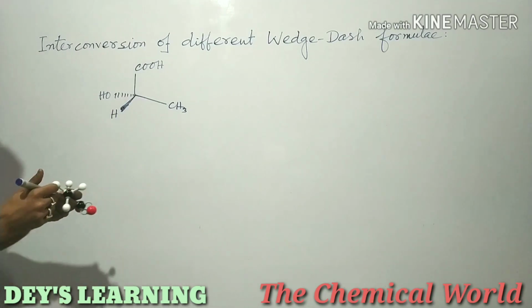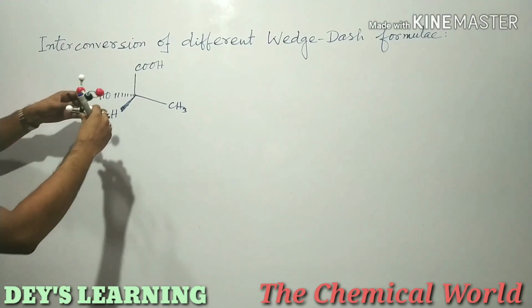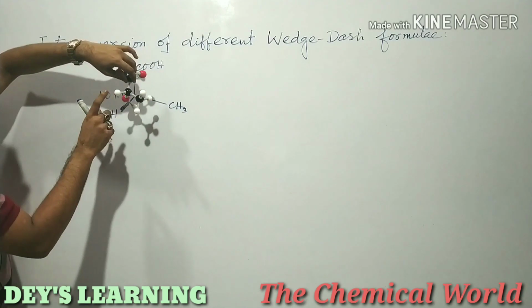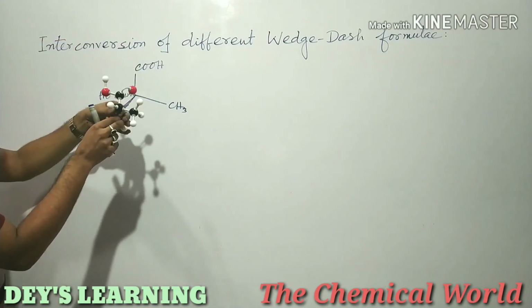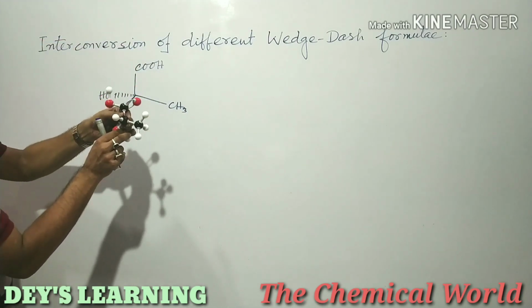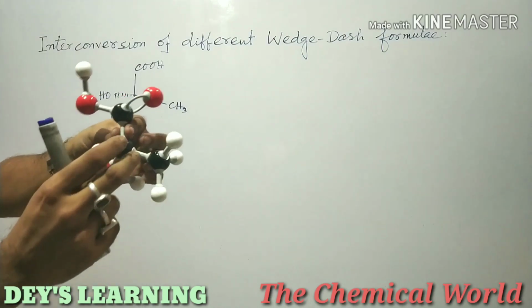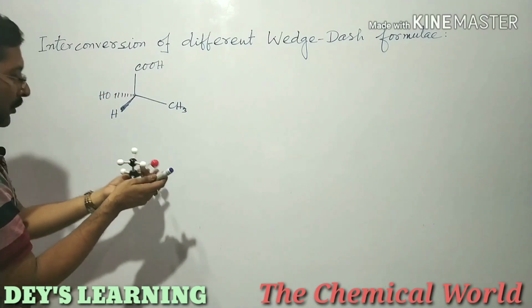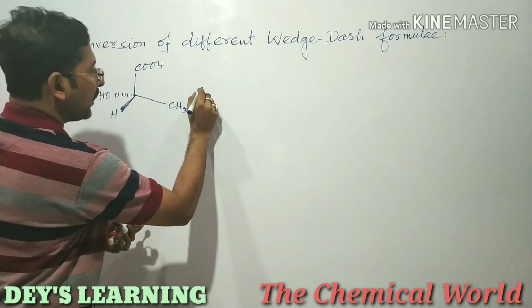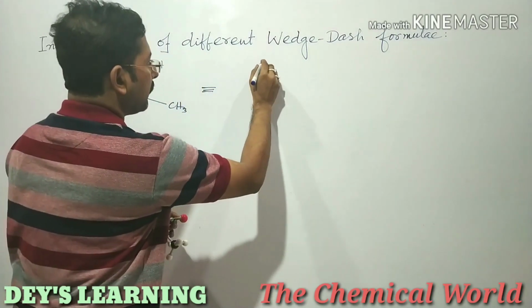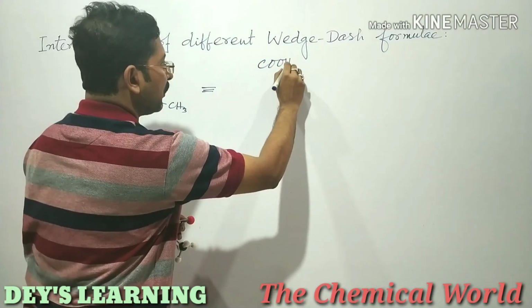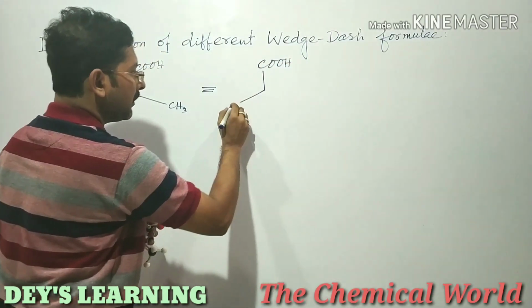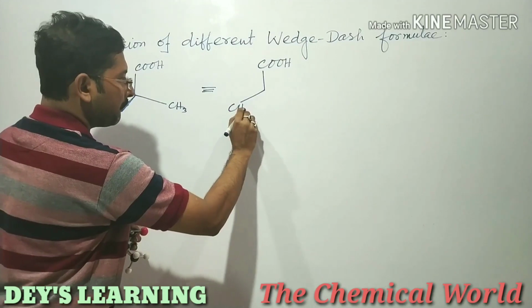Look at here. This is our lactic acid molecule, COOH, CH3, hydrogen and OH. OH at the back carbon and hydrogen at the frontal carbon. This is all lactic acid. If we like to present this molecule in this way, what will happen?